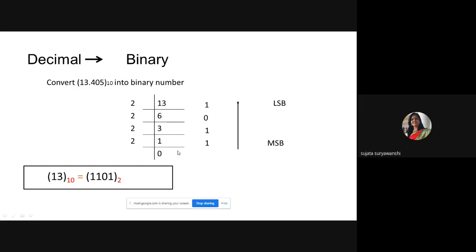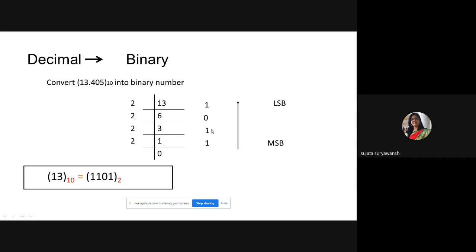For conversion from decimal to binary, you have to use two different methods. First one is successive division and second one is successive multiplication. Successive division is used for converting the integer part into binary, and successive multiplication is used to convert the fractional decimal part into binary.